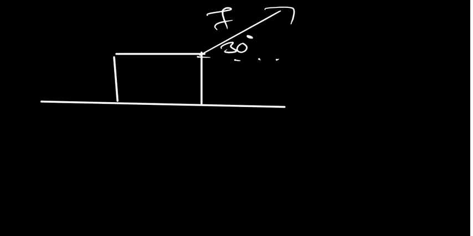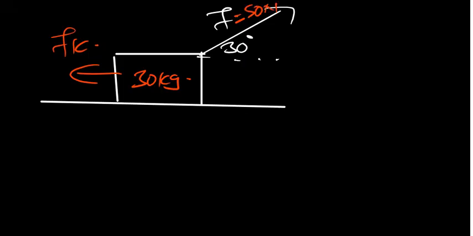There is friction which is opposing the motion. That friction, since it's moving, is going to be the kinetic friction. Let's say that the mass of this object is 30 kgs, and let's assume the force being applied there is 50 newtons. As simple as that.